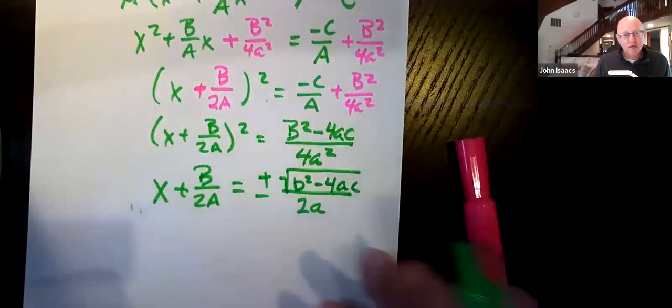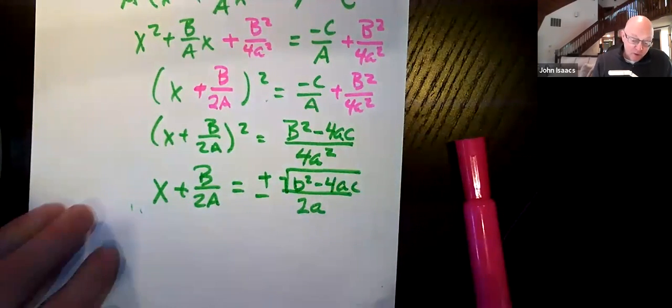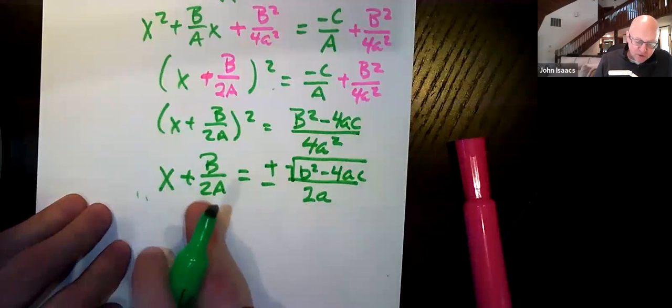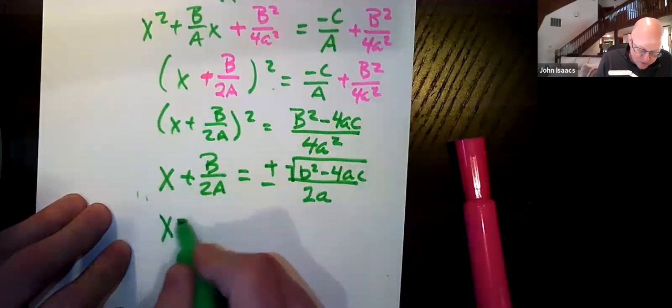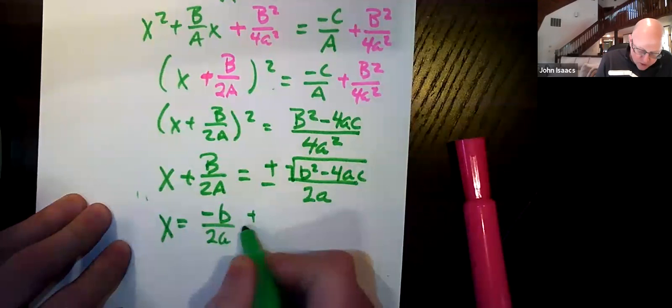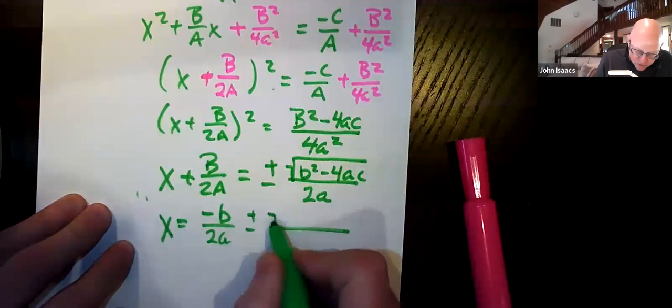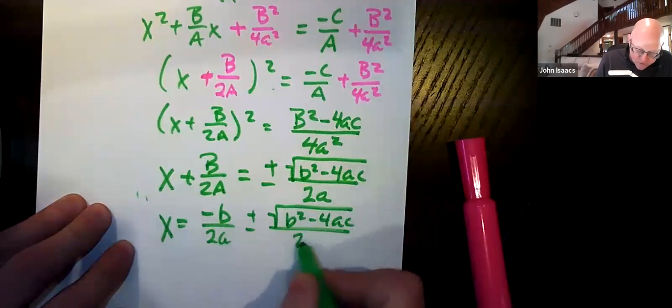Then you have to subtract the b over 2a from both sides. So now we have x equals negative b over 2a plus or minus the square root of b squared minus 4ac, all over 2a.